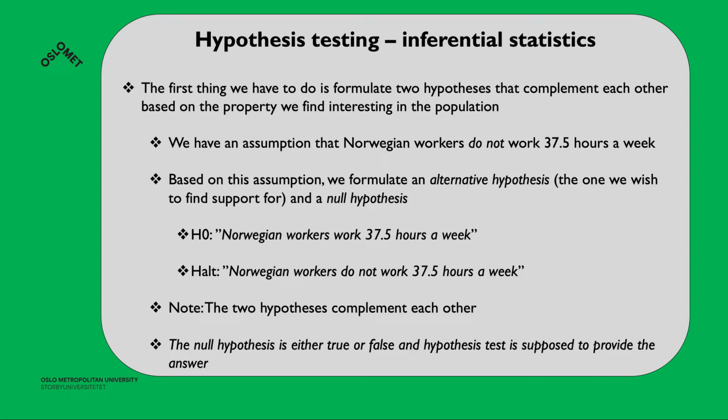Our null hypothesis is that Norwegian workers work 37.5 hours a week, and our alternative hypothesis is that Norwegian workers do not work 37.5 hours a week. Note that these two hypotheses complement each other. The null hypothesis is either true or false, and the hypothesis test is supposed to provide the answer to that.